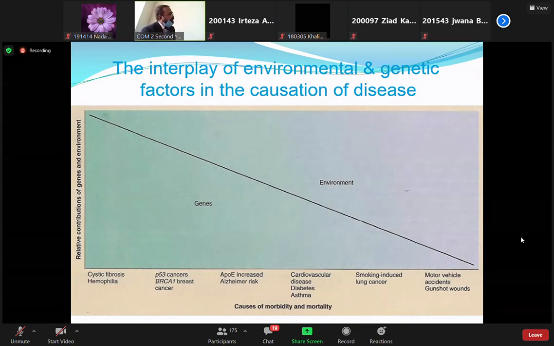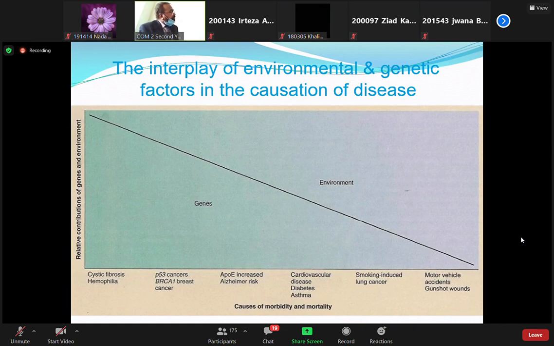But if you see smoking-induced lung cancer, it is partially environmental, partially genetic also, because the person who is smoking excessively, one or two packets, is causing changes in the body, and probably some mutation in the genes, and finally gets cancer, right? So both effects are going on here.